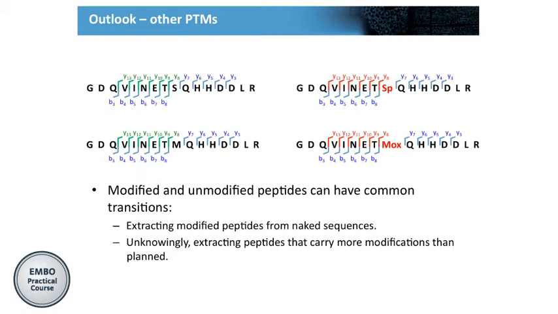But for example, if we take these two peptides, one of them is phosphorylated and one of them is not, if we would extract only this Y ion series, they are shared between these two forms. And if we didn't look at the MS1 level, we would just extract 2 peaks for the modified and unmodified version. And this could be a problem if we wanted to find only the unmodified one, but it could also be an advantage because now we can actually try and detect these using information that we have about the unmodified version.